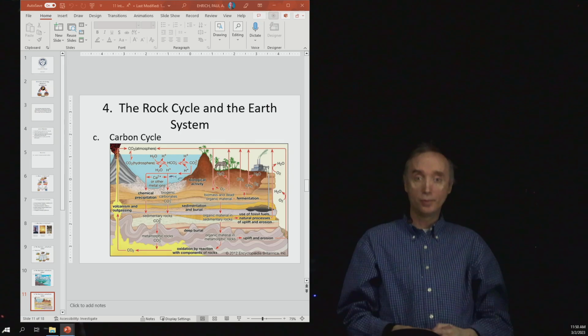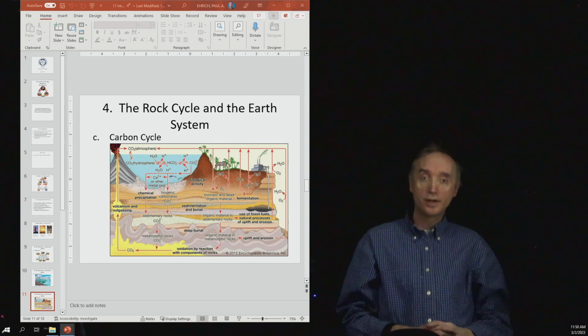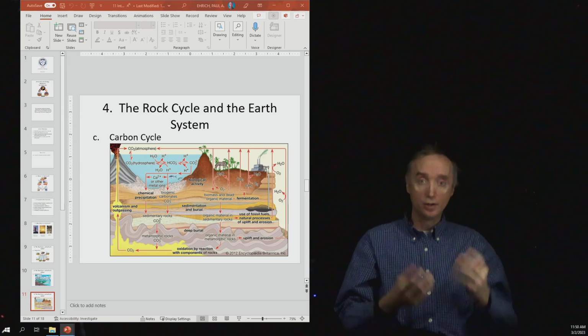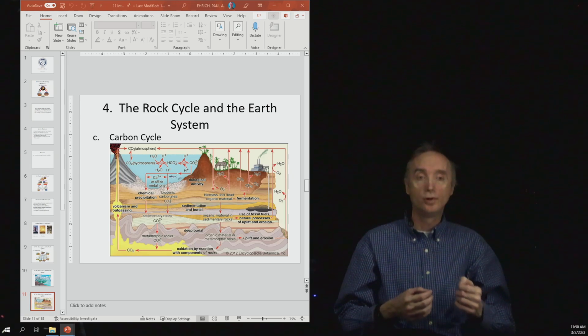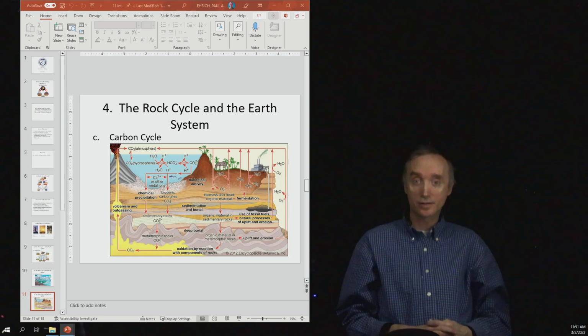What are some other places where the carbon dioxide can go? Well, carbon dioxide can also be absorbed by green plants. Green plants will take in carbon dioxide and turn it into oxygen through the process of photosynthesis. Another place where you get carbon dioxide is animals.